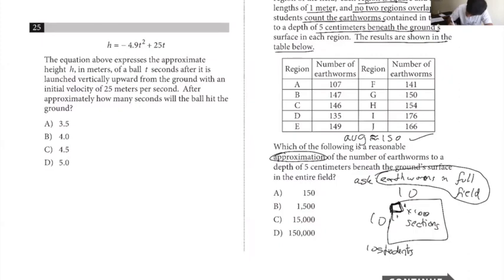Yeah. And I think it was trying to confuse the student by saying that it was a depth of 5 centimeters, which I don't think is relevant in the answer, or at least I didn't use it. Yeah, that's fine. So then I took that if it was 100 sections, and if they got an average of 150 worms per section, if you multiply the two, you get 15,000, which is why I put C.